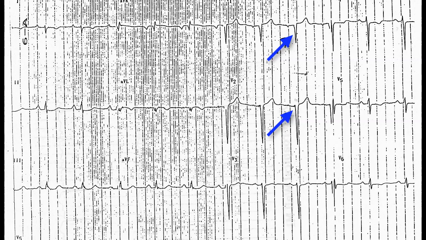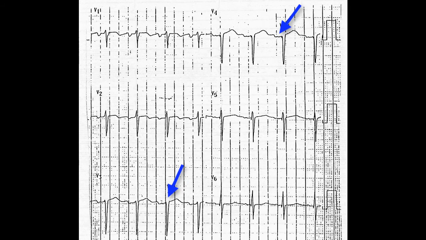If you go to page 18 in the course pack, it's not a full 12 lead. It's V1 through V6. And you can see in V1 and V2, the R wave is starting to get bigger from V1 to V2. But then when you go to V3 and V4, where the arrows are, we've lost the R wave.